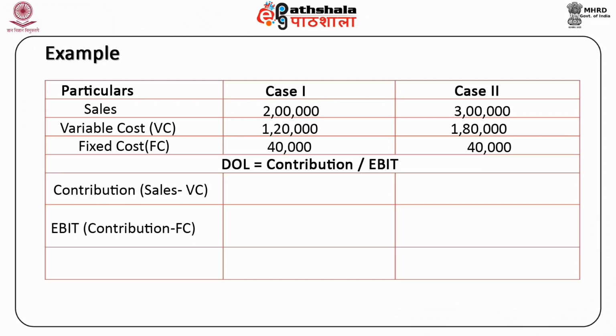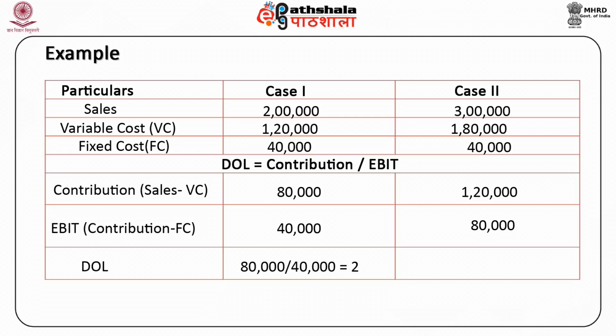Using the given data, the value of contribution comes out to be Rs 80,000 in case 1 and Rs 1,20,000 in case 2. And EBIT comes out to be Rs 40,000 in case 1 and Rs 80,000 in case 2. Substituting these values in the formula, DOL comes out to be 2 in case 1 and 1.5 in case 2.